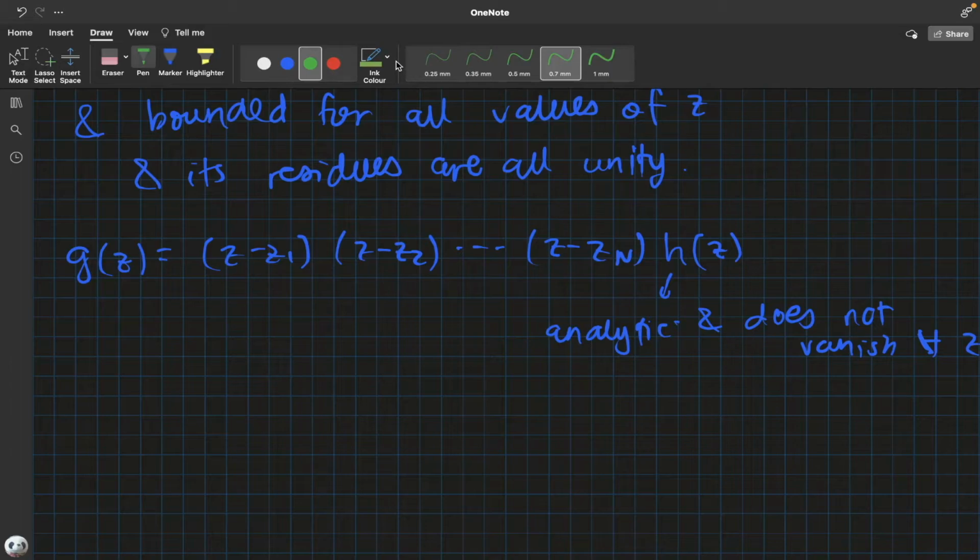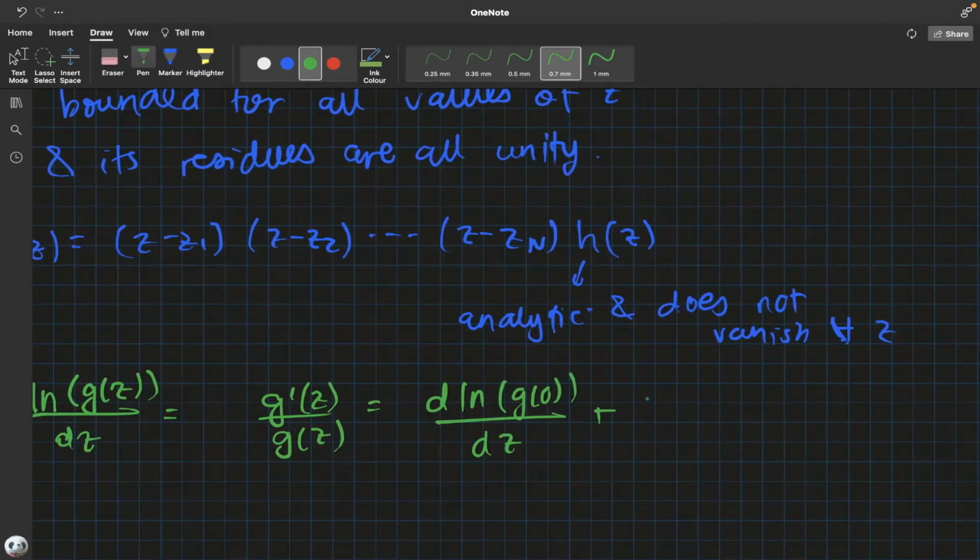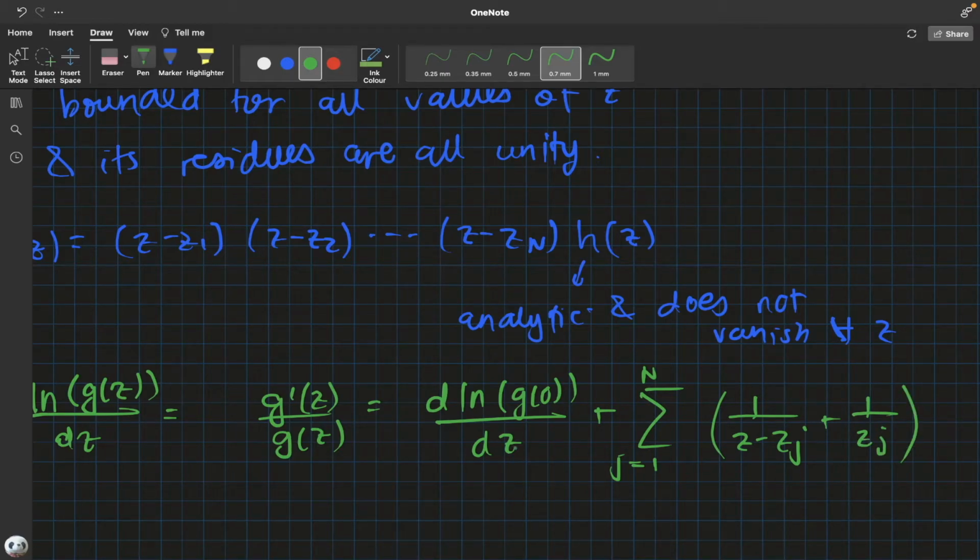When I do that, I have the derivative of the natural log of g of z, which is precisely g prime of z over g of z, which is, using the Mittag-Leffler expansion, plus the sum from 1 to n. The residue is unity, so that really helps. Rj is 1, so we just forget that term.